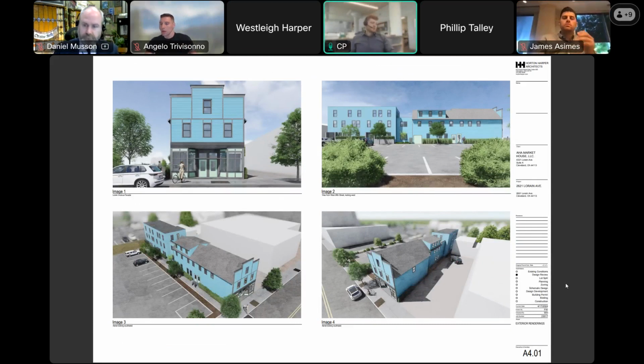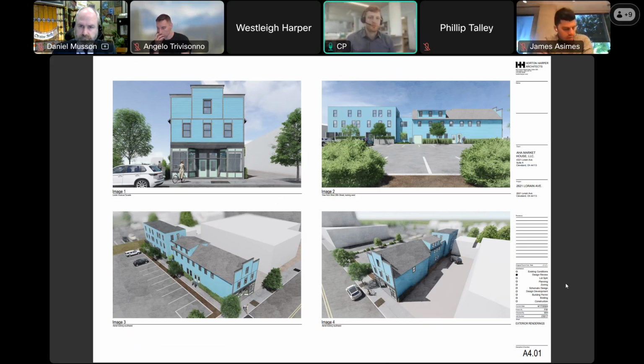Thanks, Phil. So overall, I think this is a really sensible addition. I've just got a few pointed comments relating to the addition, referencing Secretary of Interior standards just to draw a distinction between the new and the old. Specific to what you mentioned as the hyphenated connection between the two, just wondering if there's a way to use that to discreetly or softly differentiate the two masses, knowing that the rear mass is going to be a little bit softer in its own form as the way SHPO is requiring it.